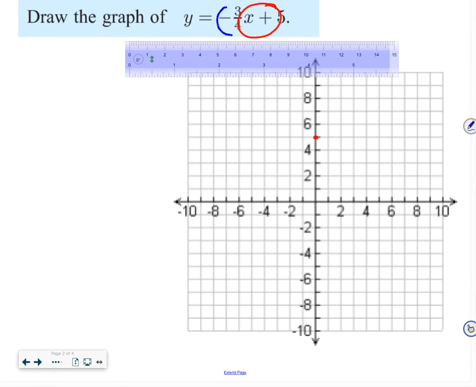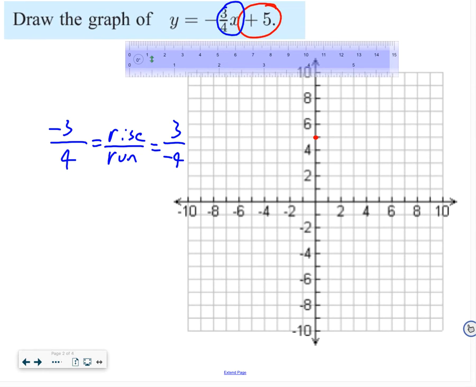Next thing I want to do is make sure I graph the gradient. Okay, so as I'm graphing negative 3/4, I think of negative 3/4 as rise over run. I'm going to graph 2 points because I know that negative 3/4 is the same thing as 3 over negative 4. So I use my y-intercept, my 5, to graph these 2 points.